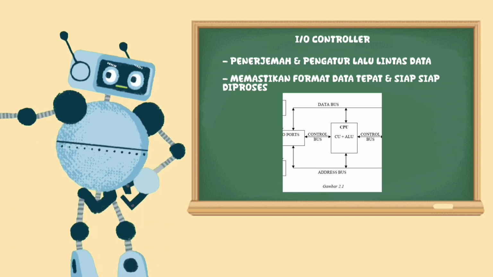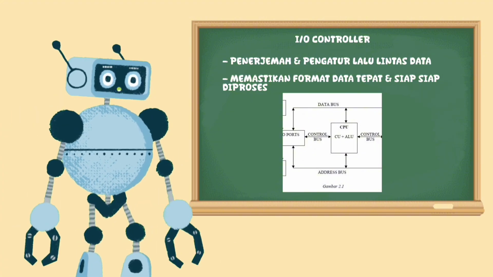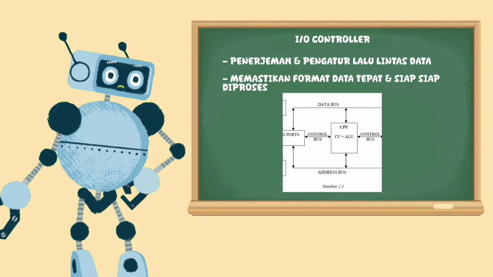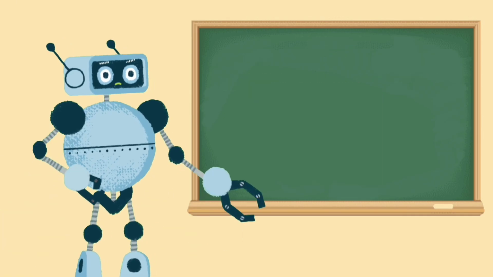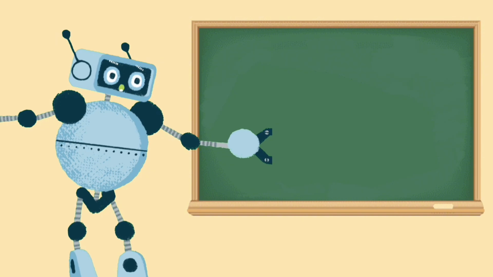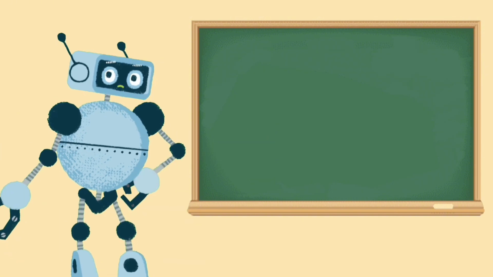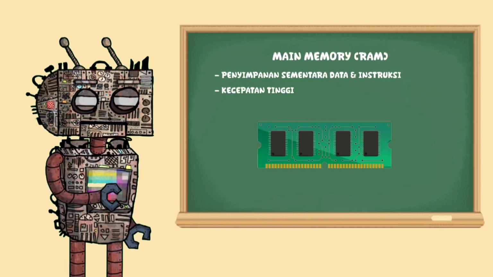by the system. After that, the data enters the I/O controller, which is a component that functions as a translator and data traffic controller from external devices to the inside of the computer. The I/O controller ensures that the incoming data is properly handled.